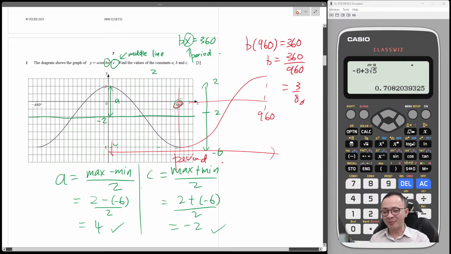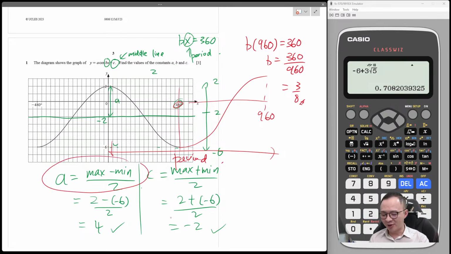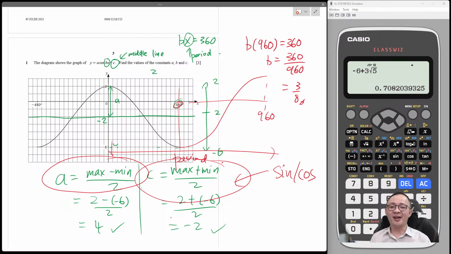But I can give you some tips. This is a formula to find the amplitude. This is the formula to find the C. So you just copy this formula and understand what is the maximum and minimum of your graph. And this formula only applies for sine and cos, because like I said, tangent will not have any minimum and maximum. Tangent goes all the way to infinity and negative infinity.